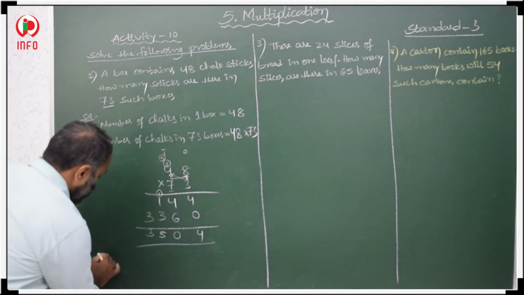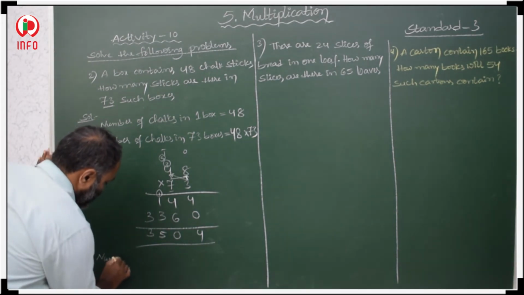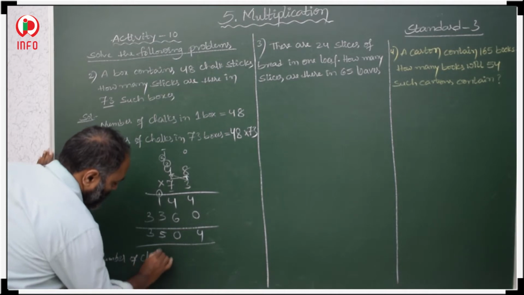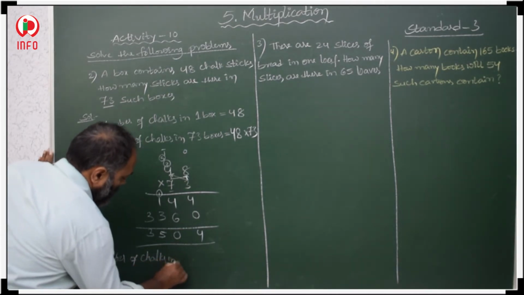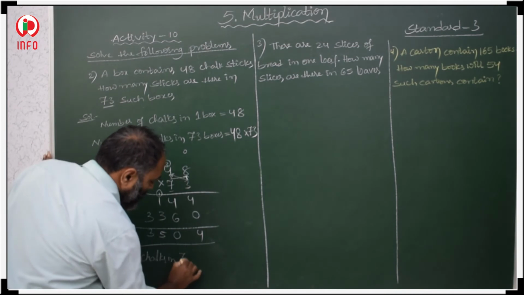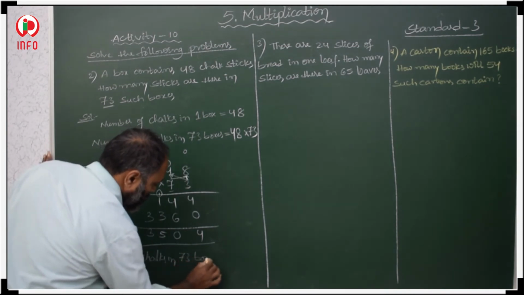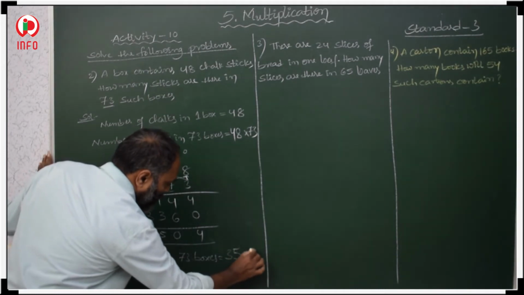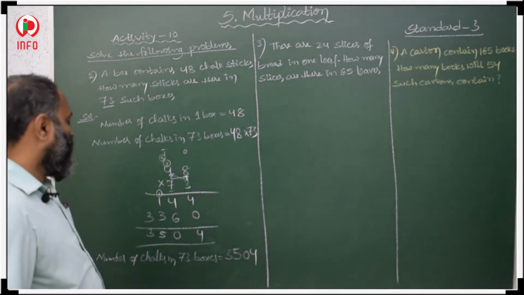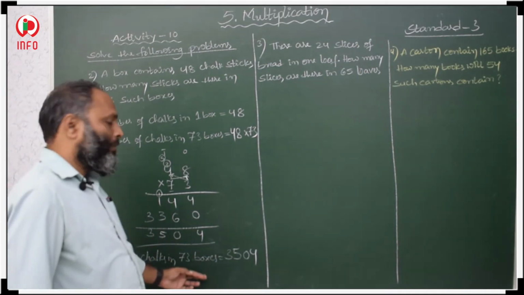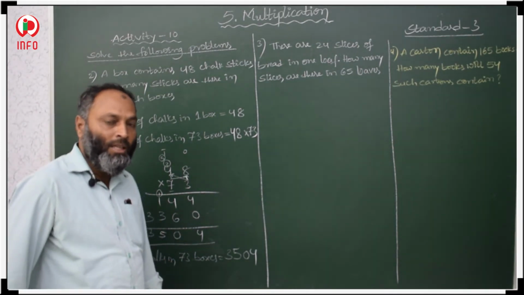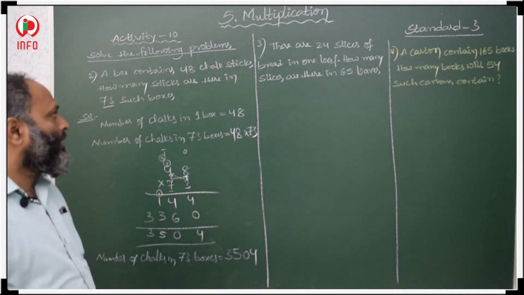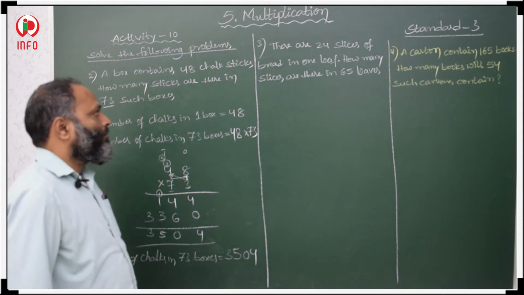Right, here the conclusion: number of chalks in 73 boxes is equal to 3504. This many chalks were there in 73 boxes. Okay. Now, next one.